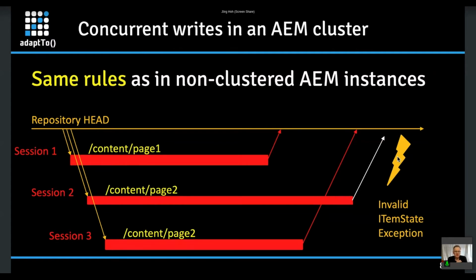Session 2 has not yet committed a change from the view of another cluster node, and session 3 is already open. Looking from a global clock they're not really in parallel, but from a cluster node's point of view, they're happening in parallel. That means you will get this invalid item state a little bit more often if you don't pay attention to this eventual consistency thing.